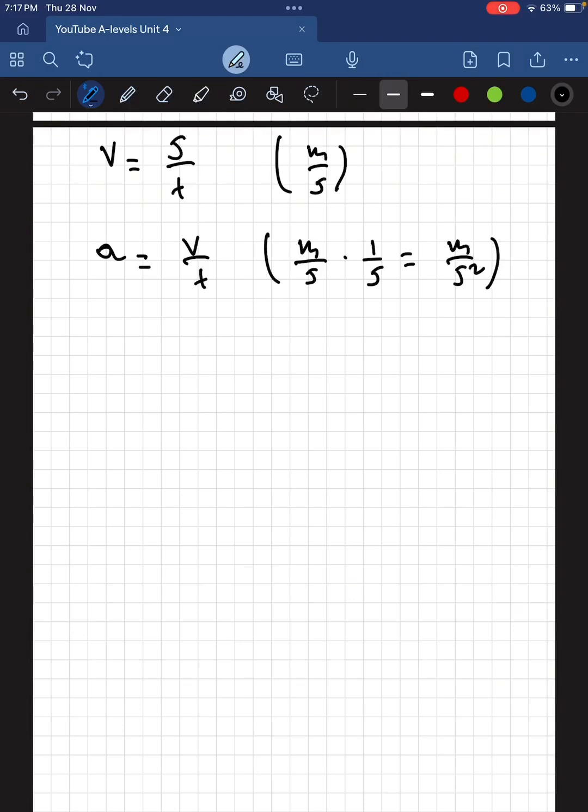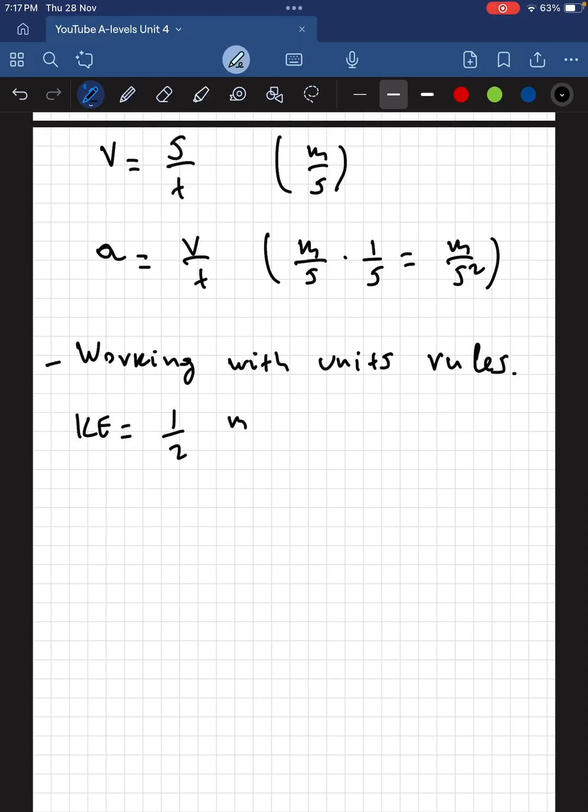Now, the rules for working with units. So kinetic energy, for example, is 1/2 mv squared.